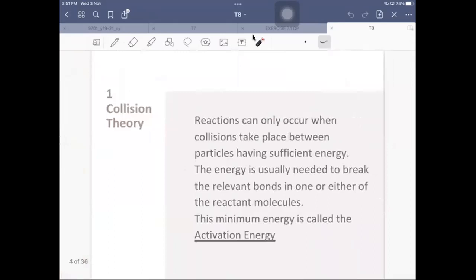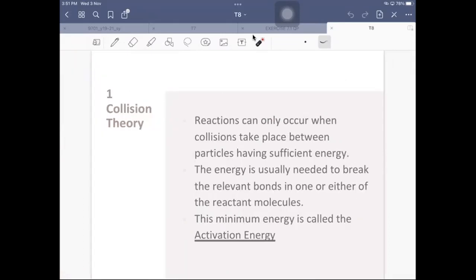Now most of the things that we're going to learn in this topic is already something that you have covered in O-level. It's just that you want to elevate the explanation. There are some terms that you need to use, like collision, the frequency of collision, the successful collision, and a few others, which you will look at later on.